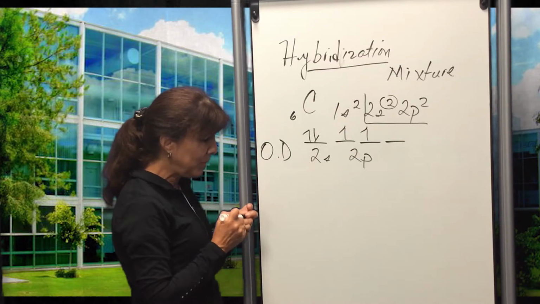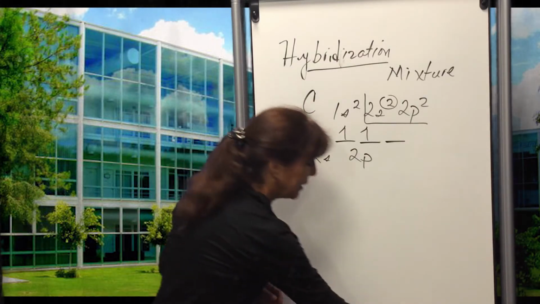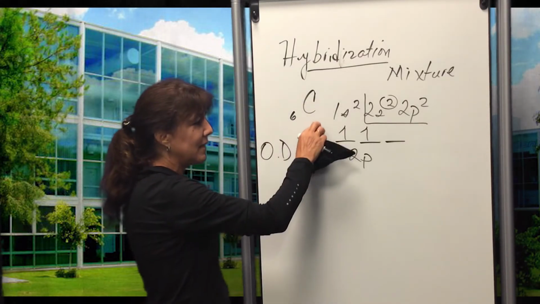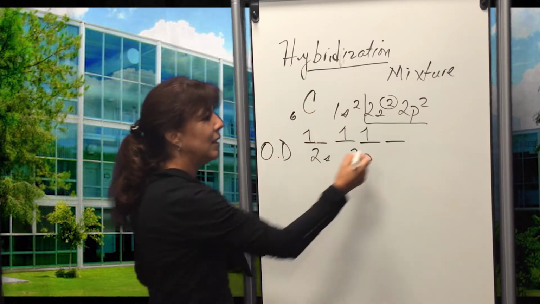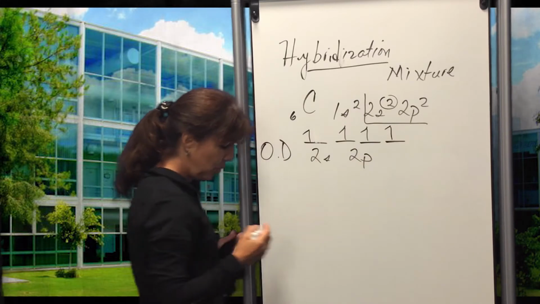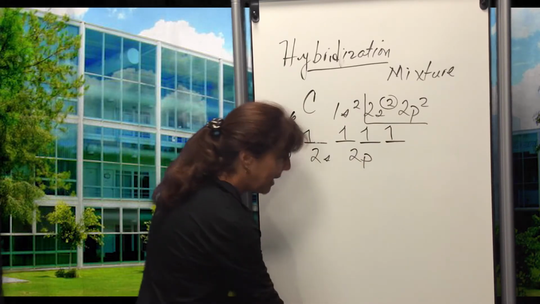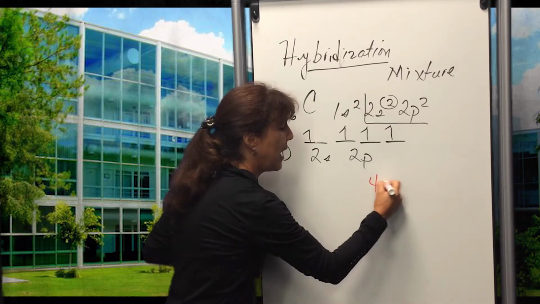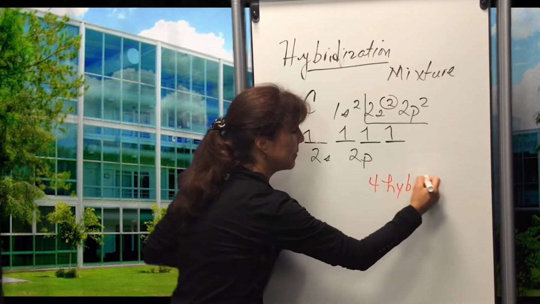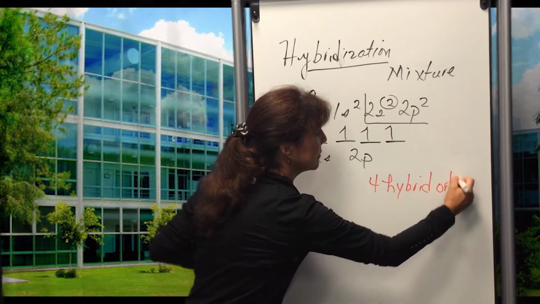How are we going to do this? Really easy. We're going to move this electron from here, from the s orbital, to the p orbital. By having done this, we now have 4 hybrid orbitals.